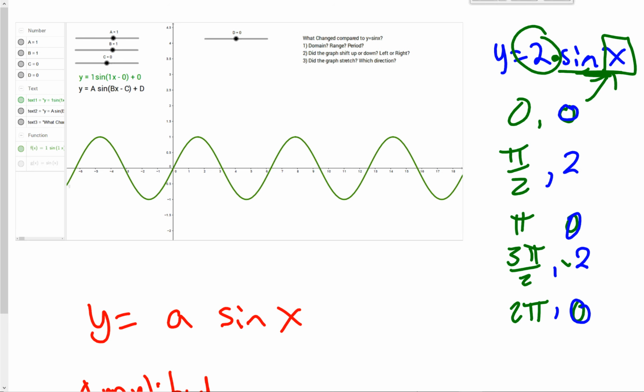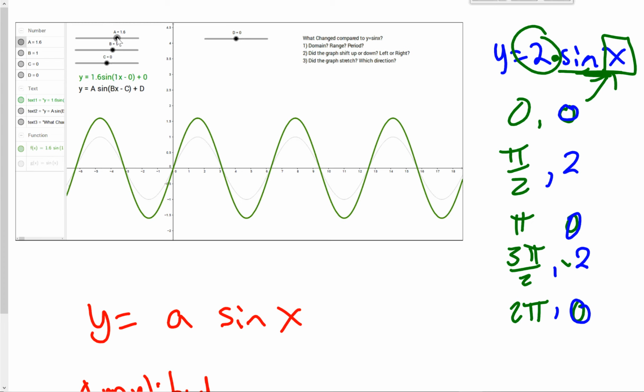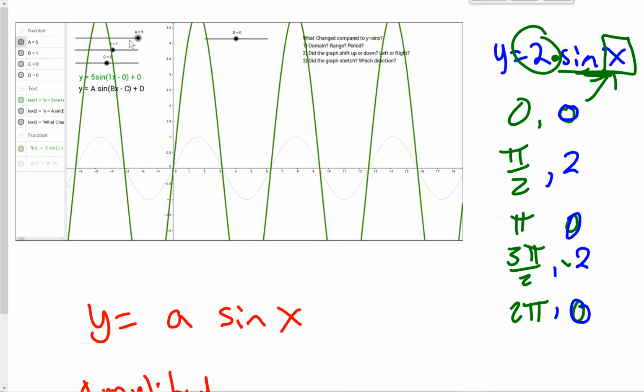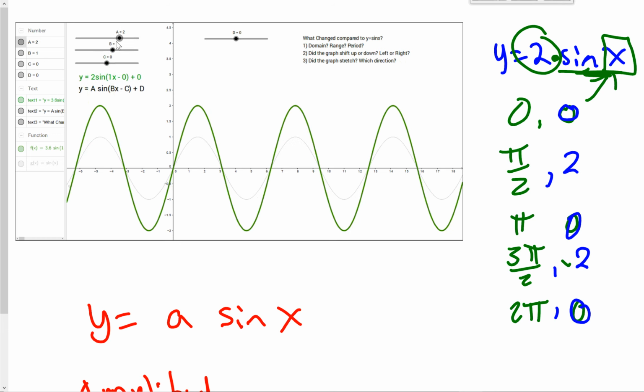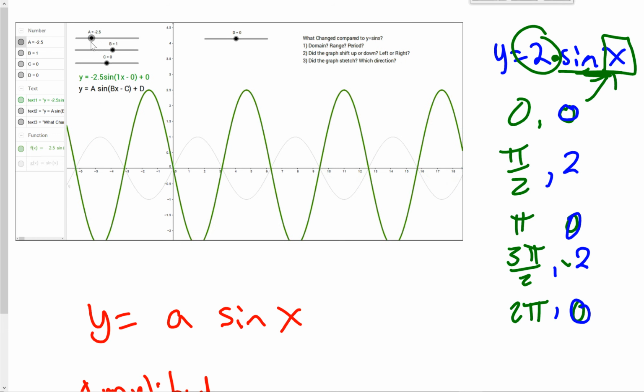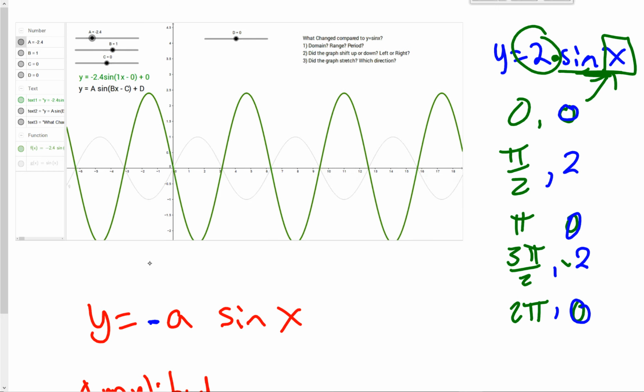So we can see from this graph, here's my a. And I want to change that a. So my a changes, and we can see the height, what we call the amplitude. So a is called our amplitude. It's just the absolute value of our a. So even if I go negative, all that negative does is flip over the x-axis.